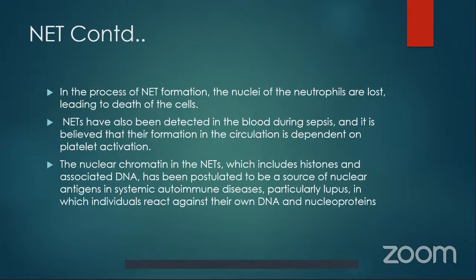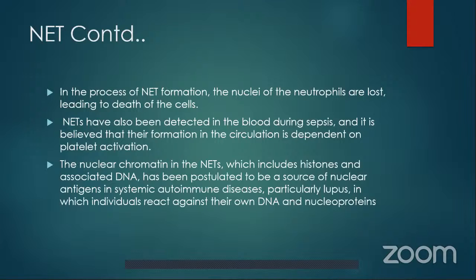The nuclear chromatin in the NETs, which will include the histones and associated DNA, has been postulated to be a source of nuclear antigen in systemic autoimmune diseases, particularly lupus, in which individuals react against their own DNA and nucleoprotein.